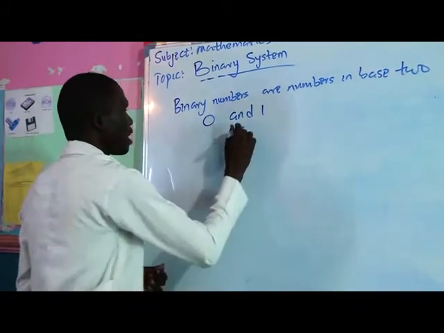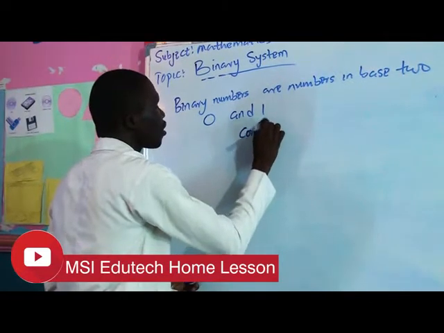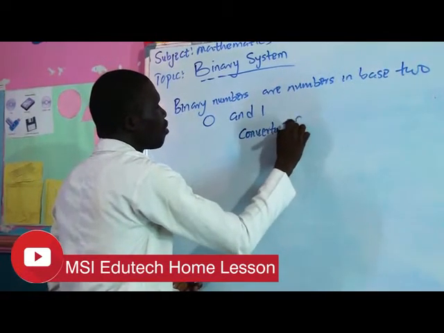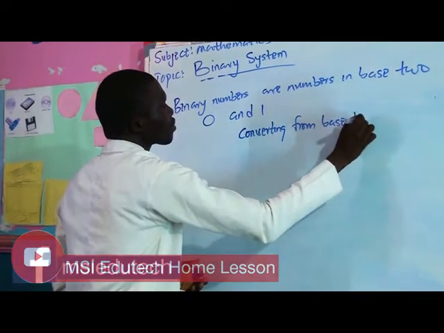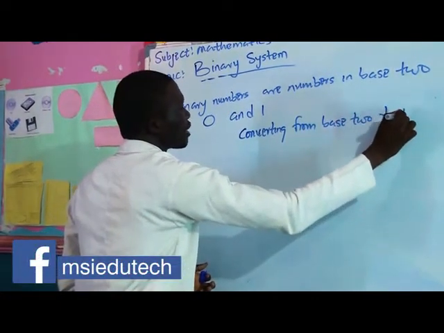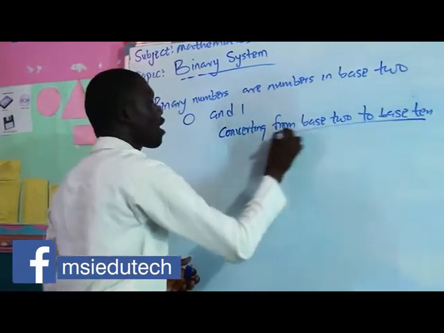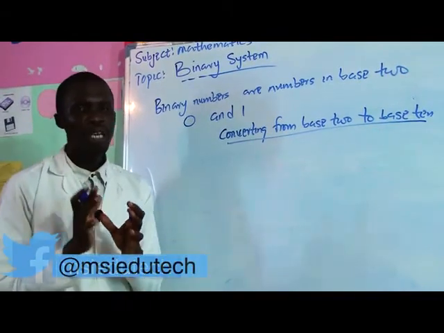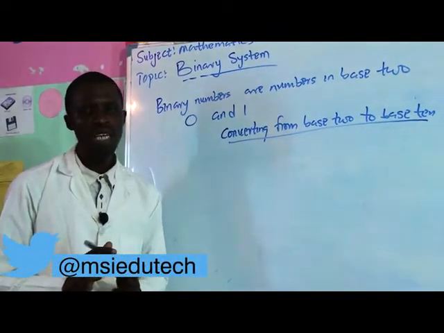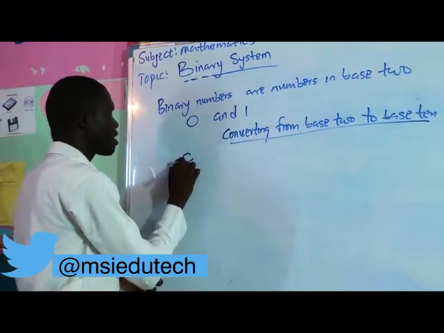Okay, let's start with converting from base 2 to base 10. Base 2 is also known as binary. How can we convert that? Let's look at this example.